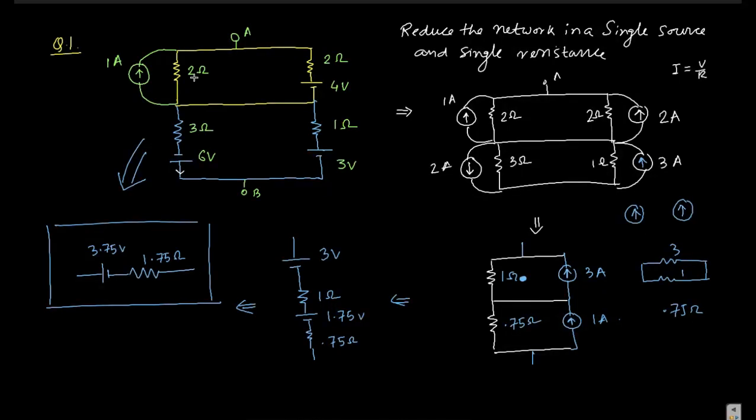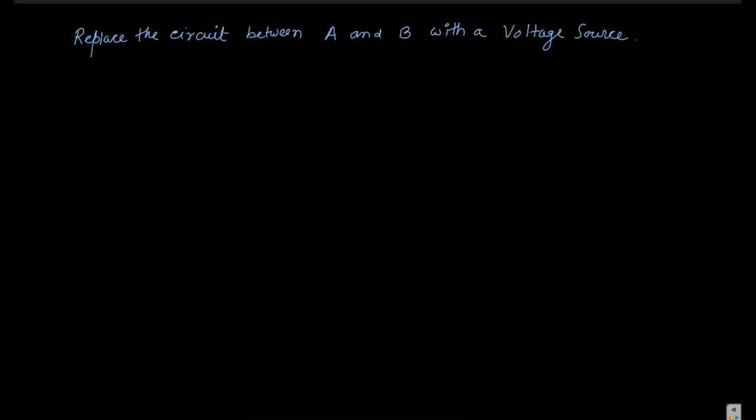So we cannot convert this current source into a voltage source, as two resistances, 2 ohm and 2 ohm, are present in the circuit. So here the second circuit becomes like this.